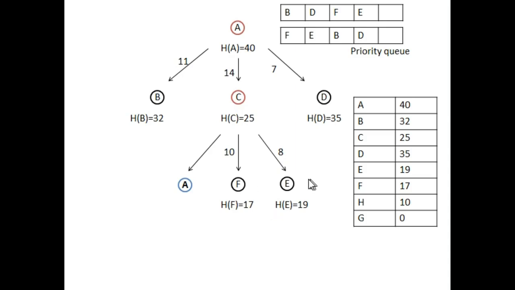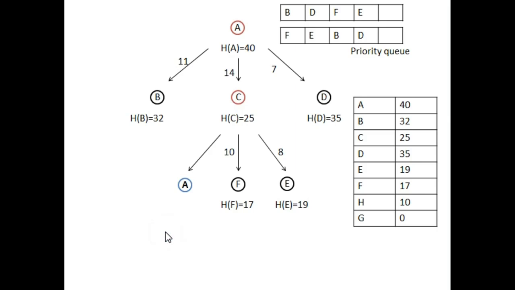Then the heuristic value of E is 19, which is greater than the value of F. So this will be at our second position, and in the same way B and D.